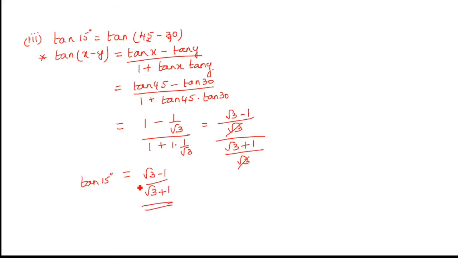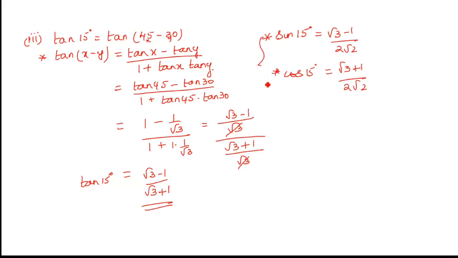Either you can remember it like this, or if you know sin 15, we got root 3 minus 1 by 2 root 2, and cos 15 we got as root 3 plus 1 by 2 root 2. From these two we can arrive directly at tan 15.